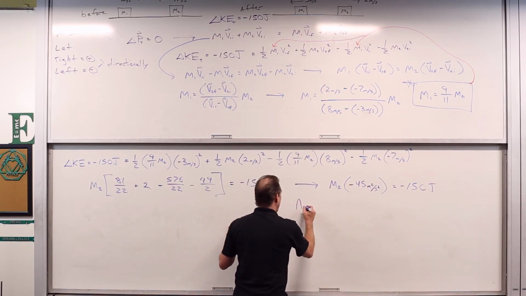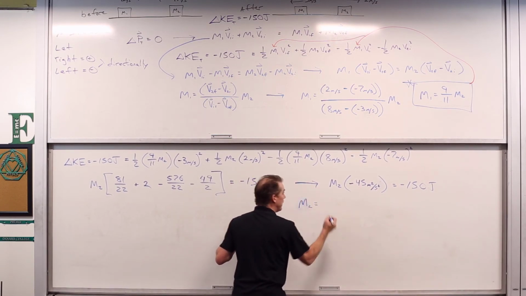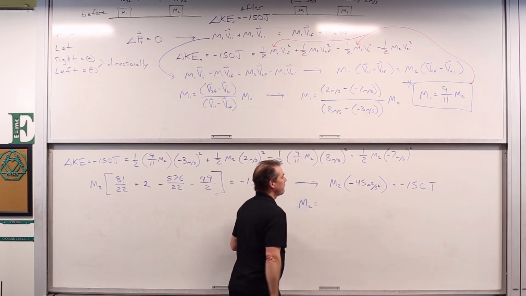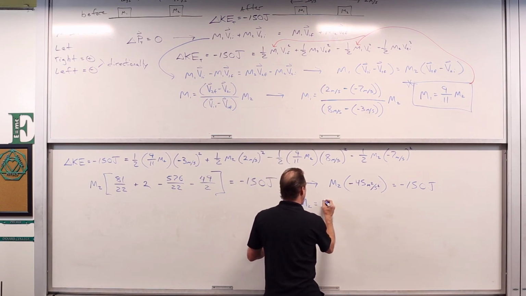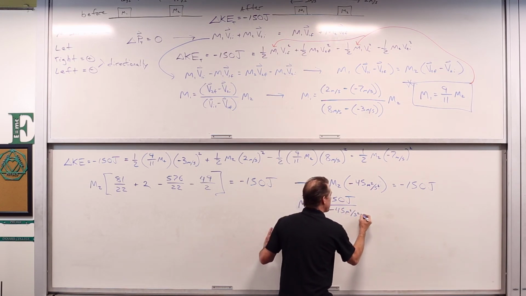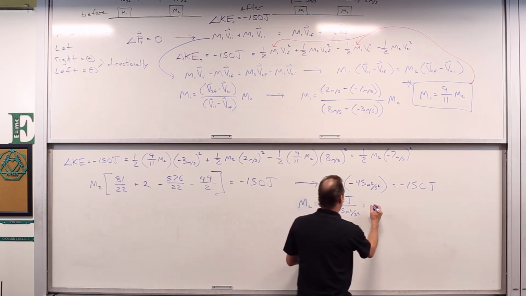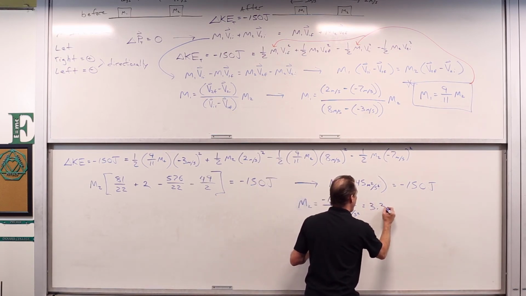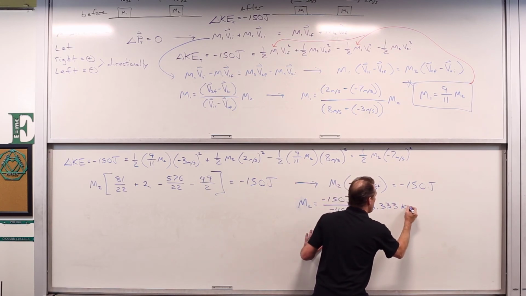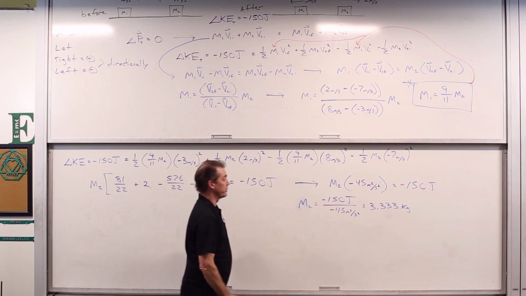So this gives us the M2, not N, but M. M2 is equal to negative 150 divided by negative 45. Negative 150 joules divided by negative 45 meters squared per second squared is going to give us, now we computed it out, 3.333 kilograms. That has to be the mass of mass number 2.